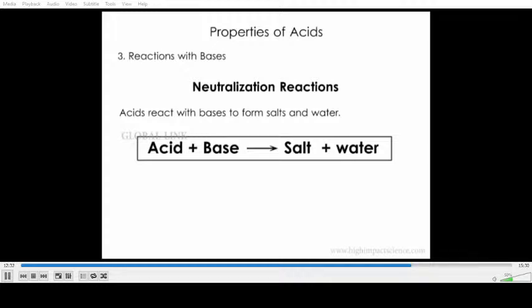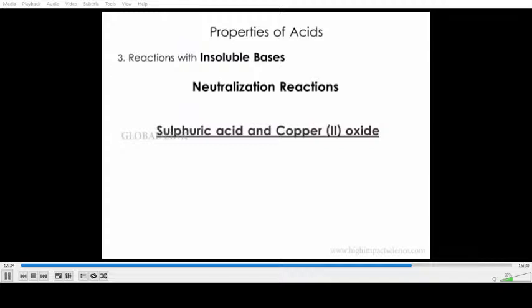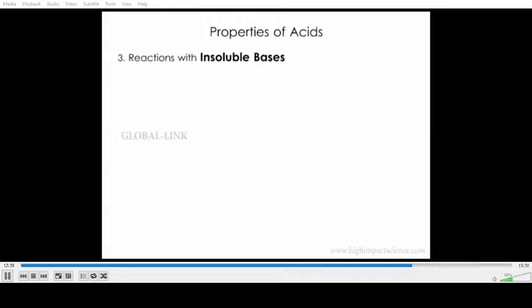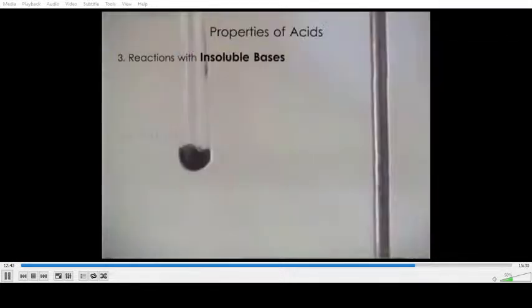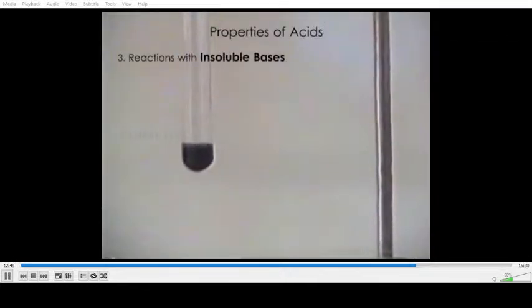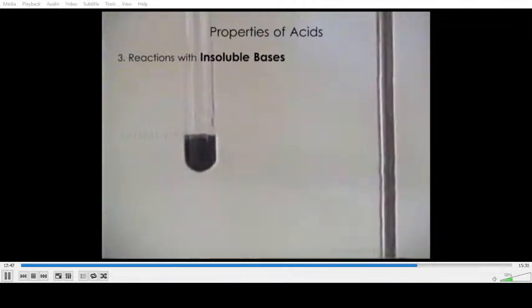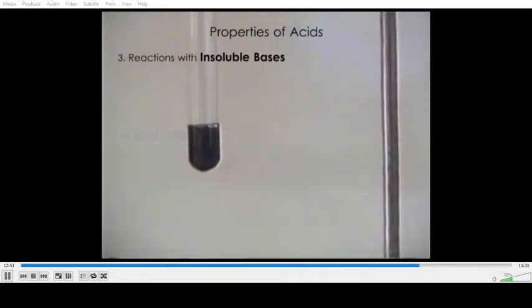Now let's react an acid with an insoluble base. Let's see a reaction of copper 2 oxide and sulfuric acid. This black solid is copper 2 oxide, which is an insoluble base. We add to it a small amount of sulfuric acid and warm the mixture.